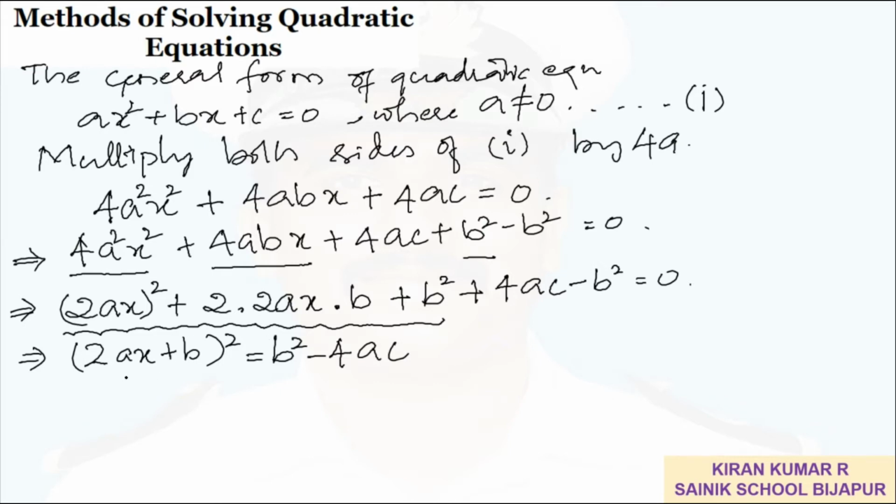Let us take root on both the sides. We'll be left with 2ax plus b equal to plus or minus root of b square minus 4ac.